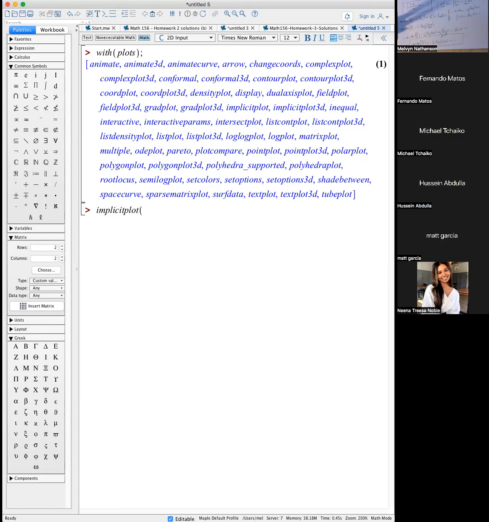What I want to plot implicitly is arctangent of y over x minus a half of the log of x squared plus y squared equals a constant.